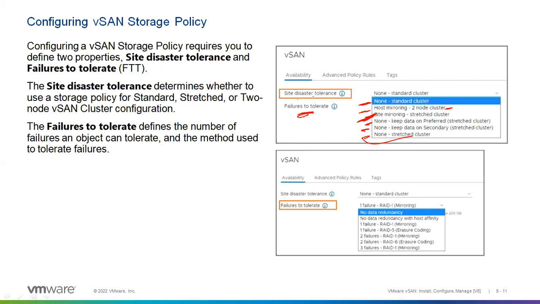This is the type of site disaster tolerance we are planning. If we are planning for a standard cluster, we take it as standard. Then the failures to tolerate method means how we want to protect the data locally against any kind of disk failure or node failure.